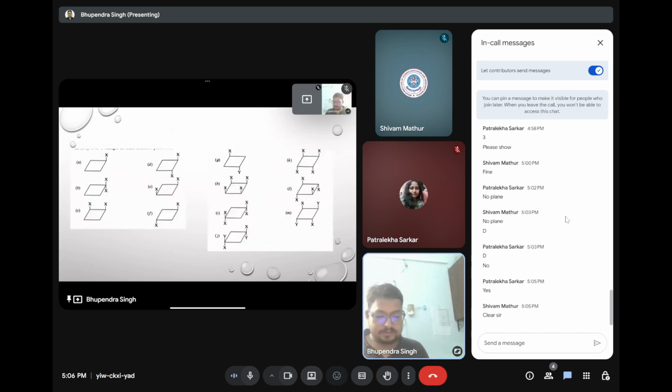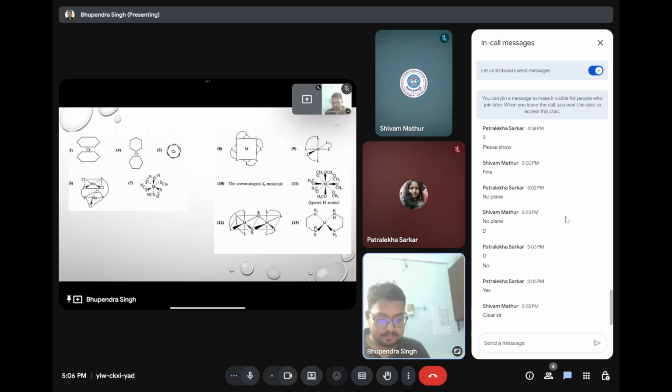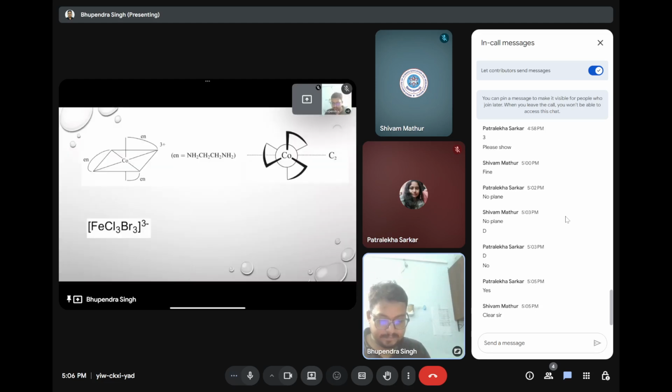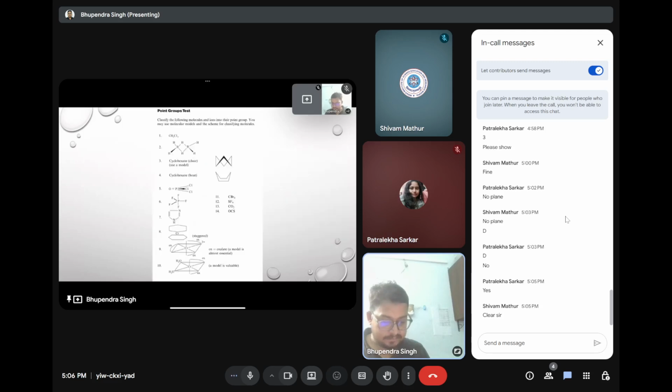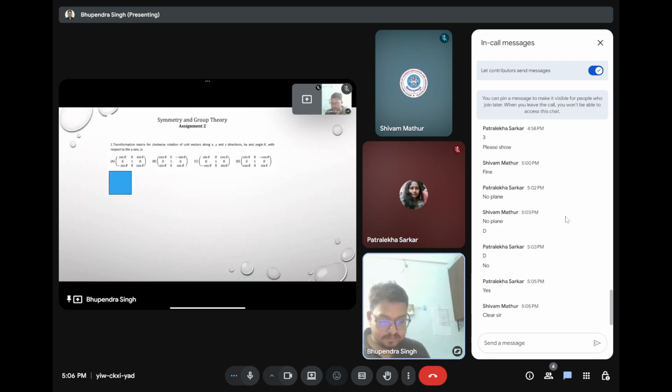Okay, we will see this example in the coming classes or maybe this class. Coming to assignment 2, try to solve or tell me, do you know how to make this transformation matrix? Any idea?